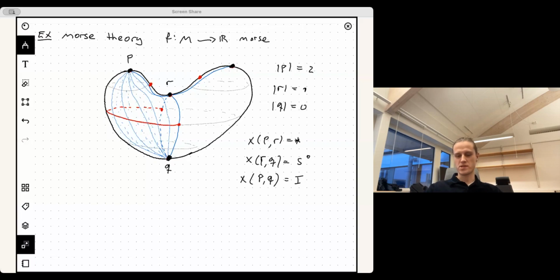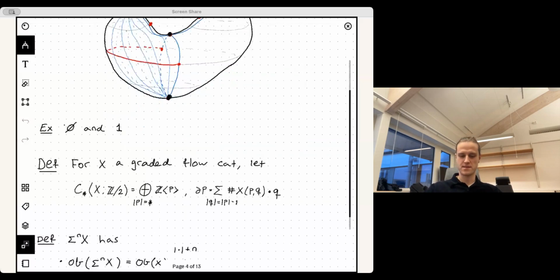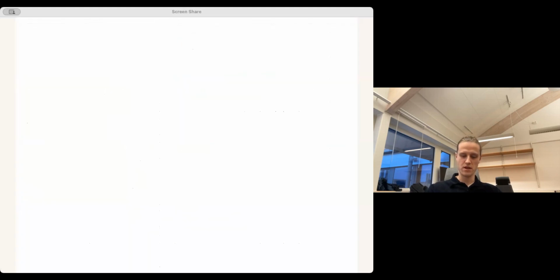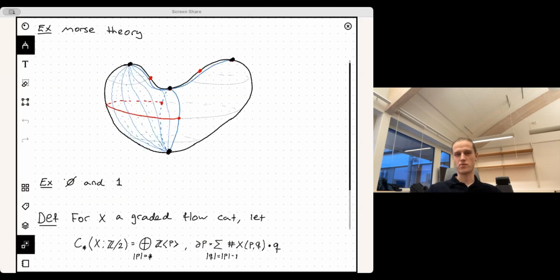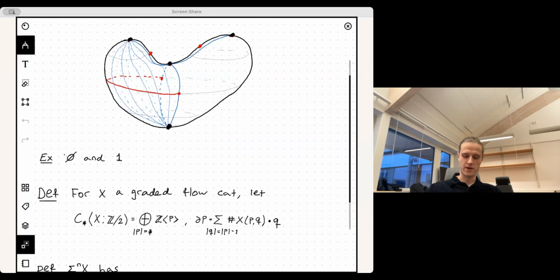But we can kind of ask, what's the point? Well, one thing you can do is that from having this Morse function, we can for sure extract the Morse homology. For any graded flow category, you can cook up a chain complex. You can just take the free abelian group generated by all the objects, and you can grade each object by the grading we had on the object.